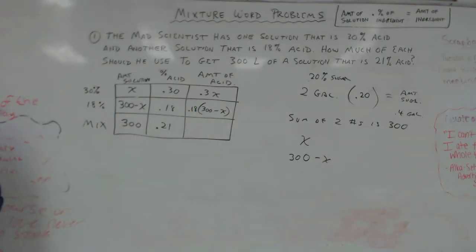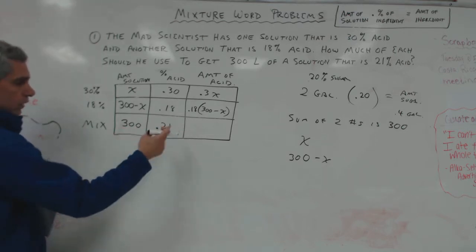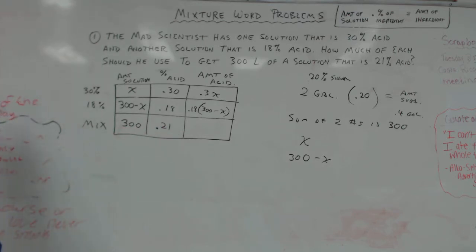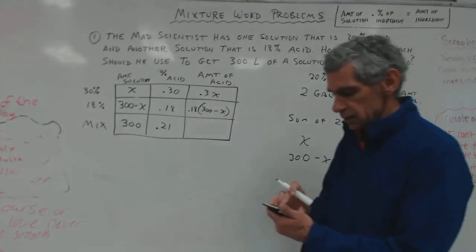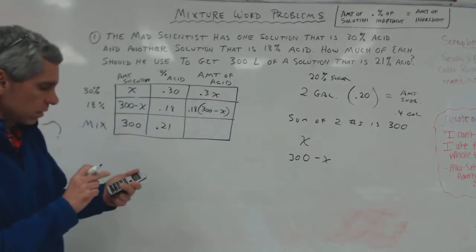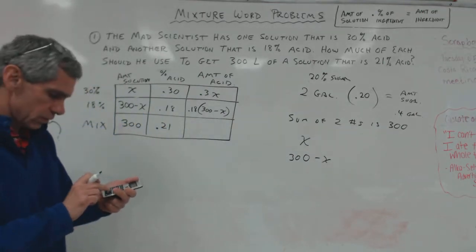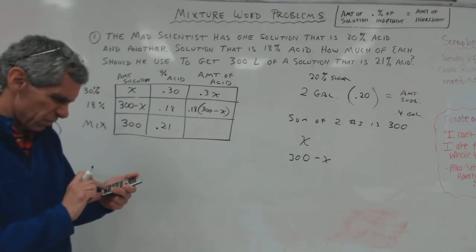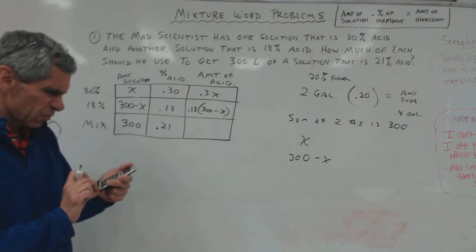I just like to write it clearly like that. Does that make sense? And my last one is just 300 times 0.21. I probably should have figured that out, but I didn't. Okay. 300 times 0.21 equals 63.